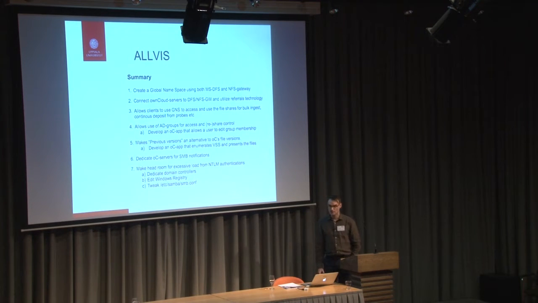You could use AD groups for sharing control. Perhaps create one group and also one ownCloud share or external connector for the project leader, who is allowed to share, and one other for the project members.